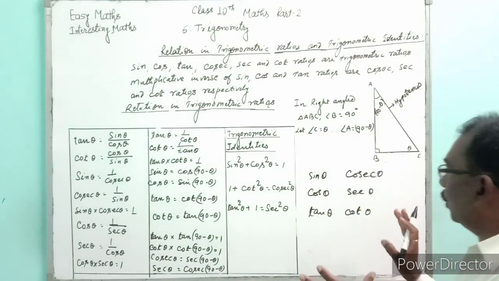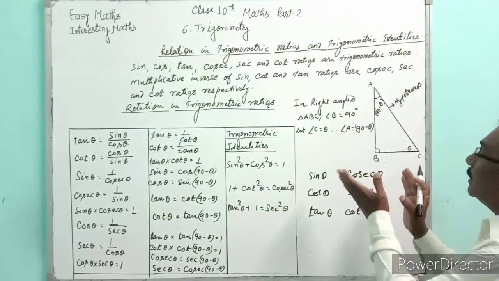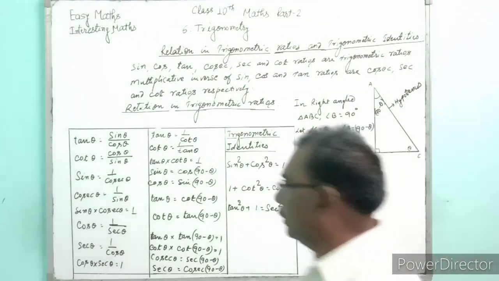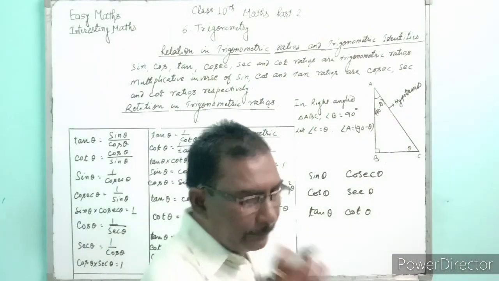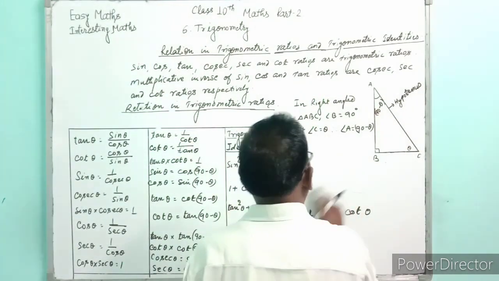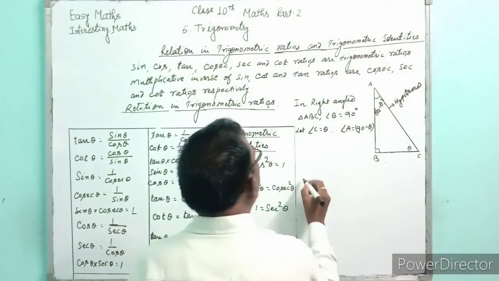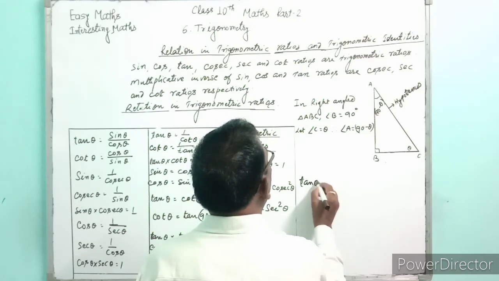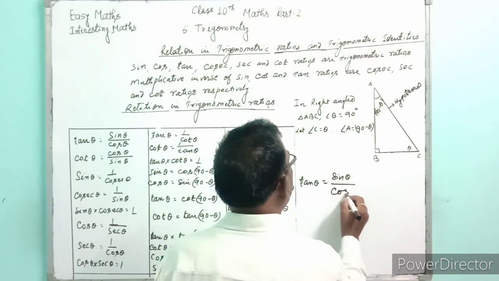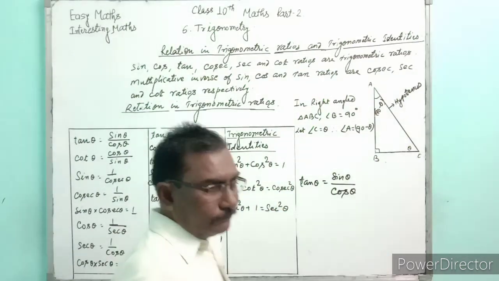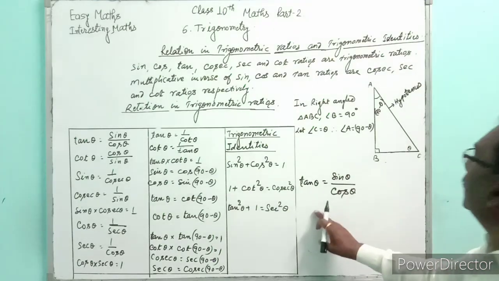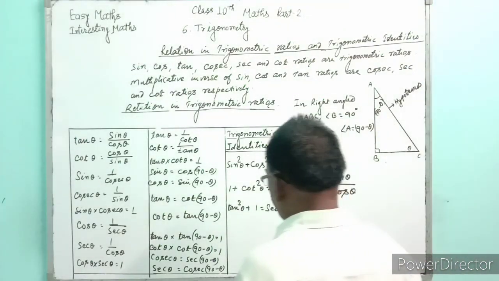So now we will see what relation there is in these trigonometric ratios. First relation is tan theta is equal to sin theta upon cos theta.